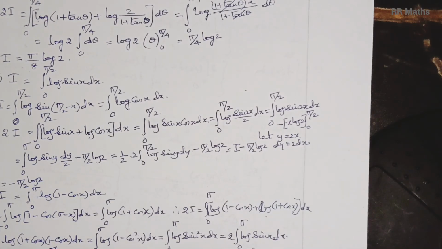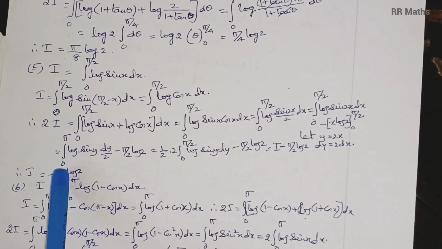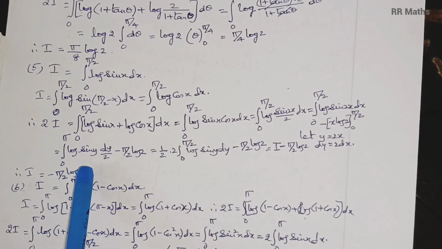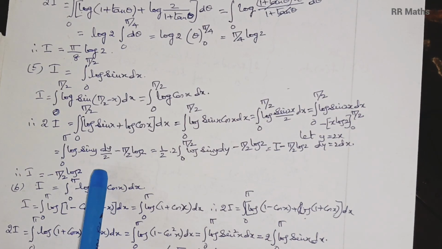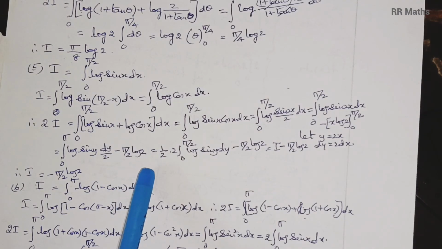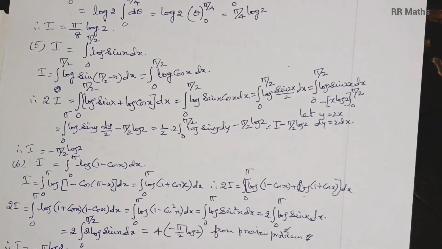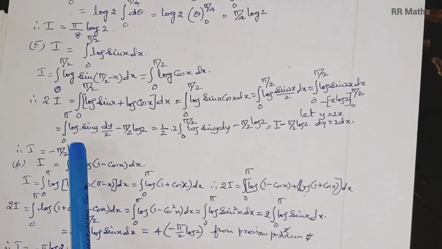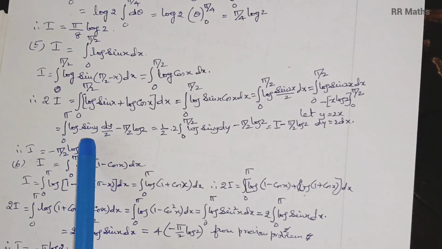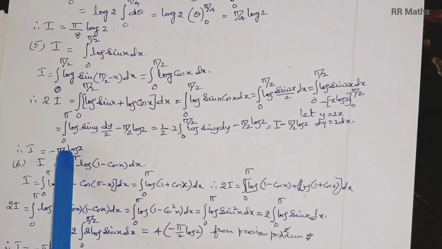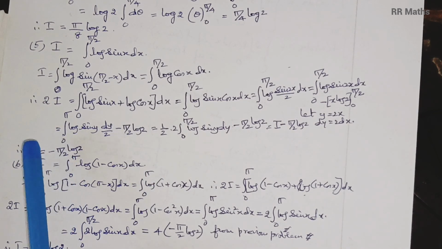So your new limits for the new variable is integral 0 to pi log sin y dy by 2 minus pi by 2 log 2. Now log is taken only for positive values. It's an absolute value of sin y and therefore it's treated as an even function, and so you can replace this integral 0 to pi as 2 times integral 0 to pi by 2.